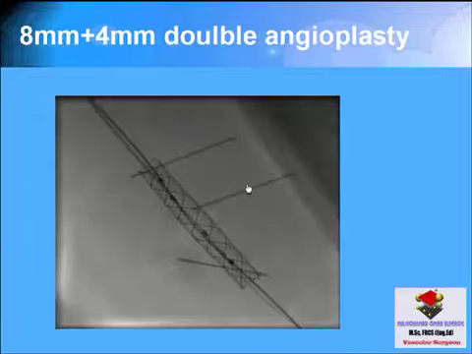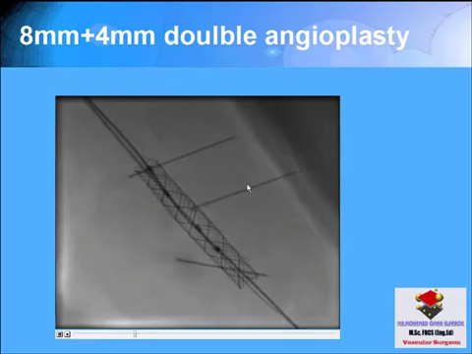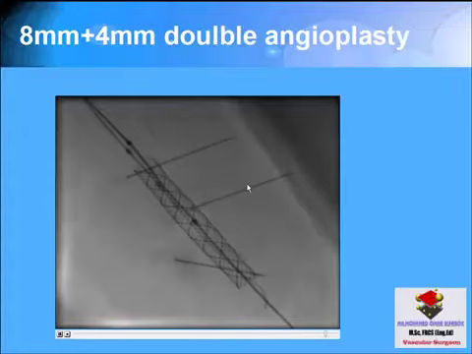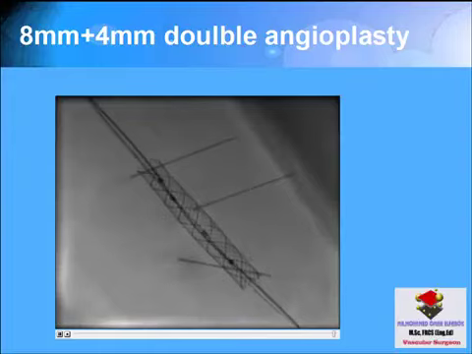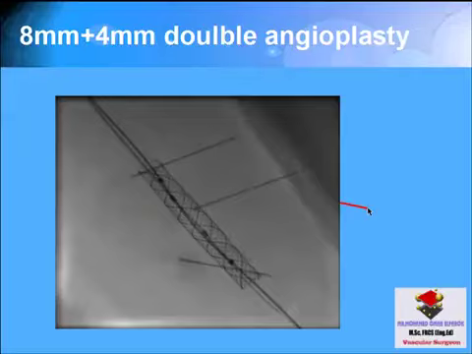One is 8 millimeter and the other one is 4 millimeter in diameter. So we had two balloons, one 8 millimeter and one 4 millimeter, on each other, trying to inflate the proximal end of the graft. This is a double angioplasty for this patient.